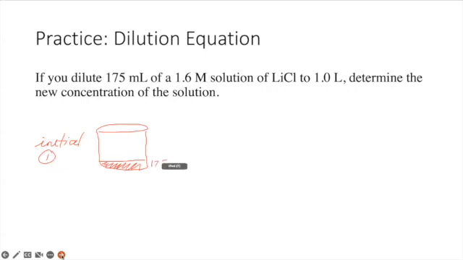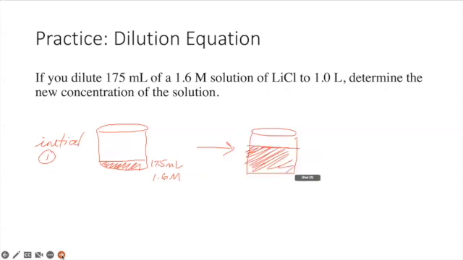I have 175 mils of 1.5 molar solution. I'm going to add water to that beaker to bring it to a final volume of 1 liter, but I don't know the new concentration.